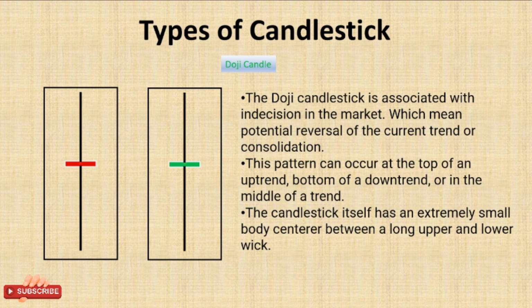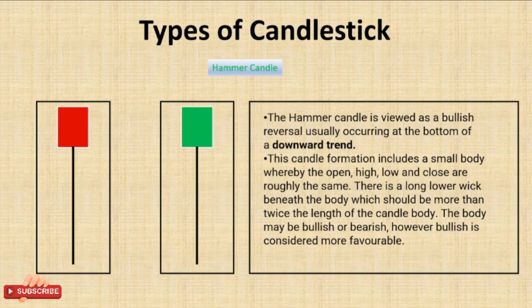However, it can occur in the middle also, but if it occurs at the top or at the bottom, it has a high value and a high significance. The candle itself has an extremely small body, as I have told you, centered between upper and lower long wicks. So the body should always be in between the upper and lower long wicks.